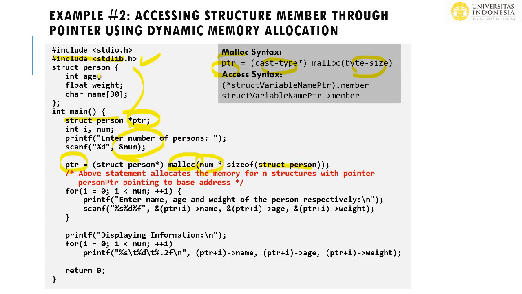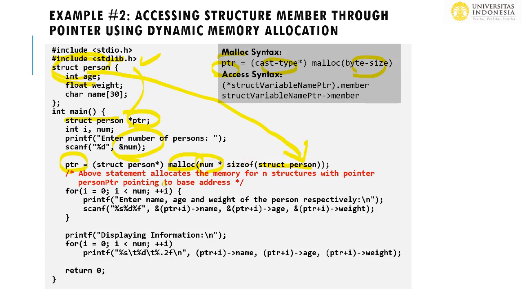So struct person here actually has a size, and it should be allocated beforehand. The number here decides how much, or how many records, the structure should have, provided by the compiler.